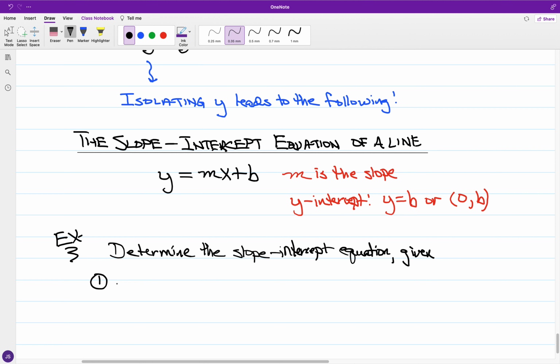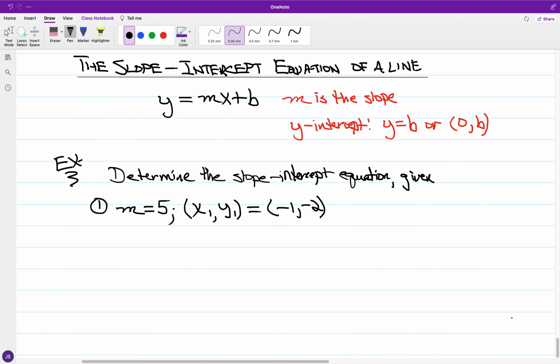So m is equal to 5, and we have the point through which the line passes. We'll say the location is (-1, -2). Just for the backdrop, in determining the slope-intercept equation, the objective is to get y by itself.